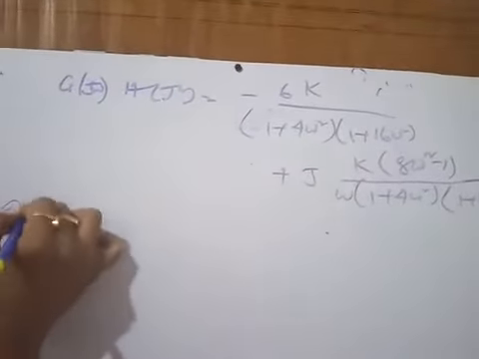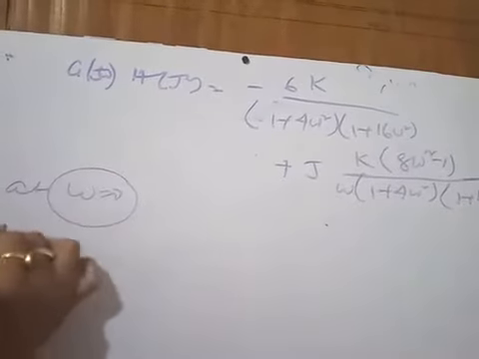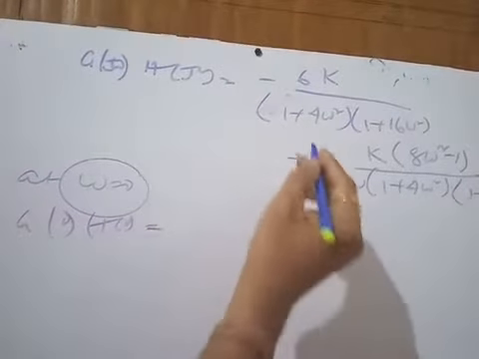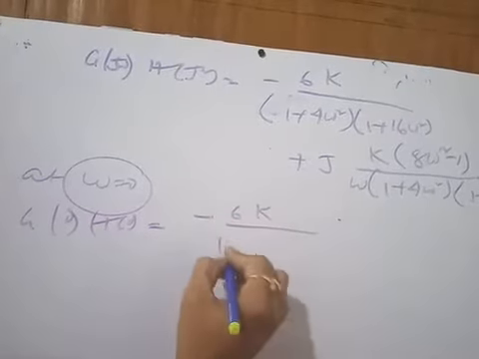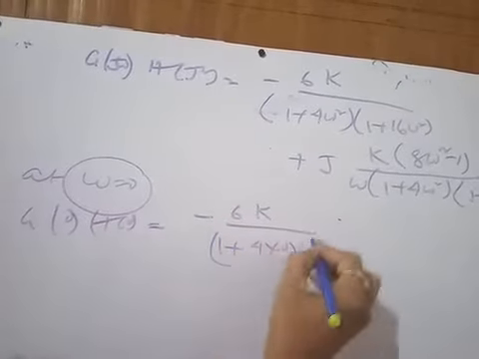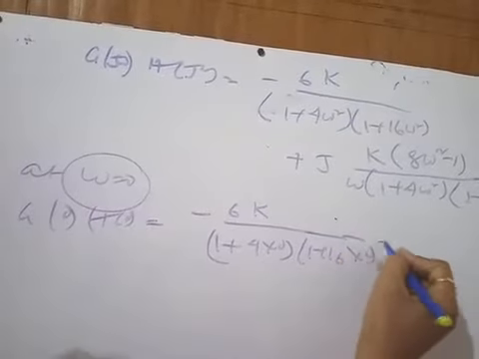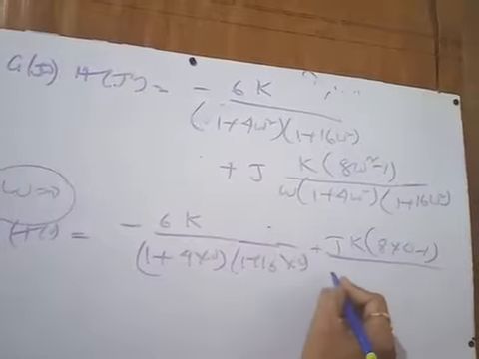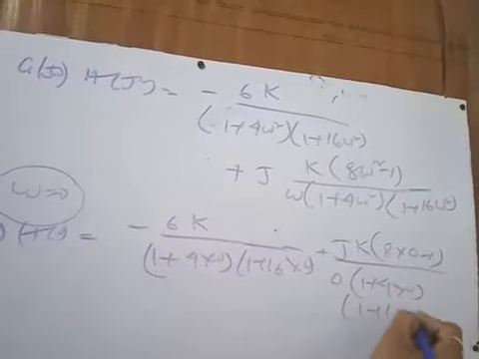So now at omega is equal to 0, as we know for the polar plot we have to find G(0) H(0). Just put the value of omega equal to 0 in both the terms. We get 1 plus 4 into 0, 1 plus 16 into 0. Never jump any step, because skipping a step can give you some problem in solving the Nyquist plot. So k into minus 6 into 0 minus j(1 minus 8 into 0) divided by 0 into 1 plus 4 into 0 into 1 plus 16 into 0.